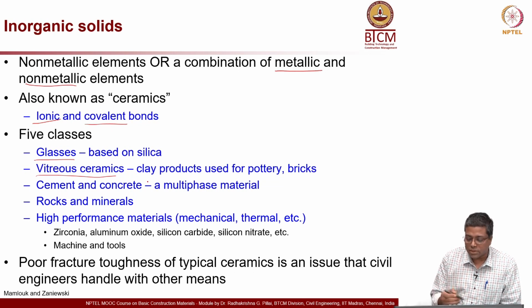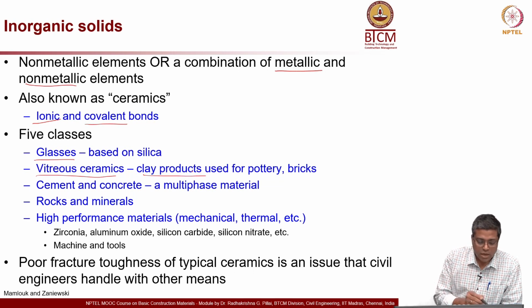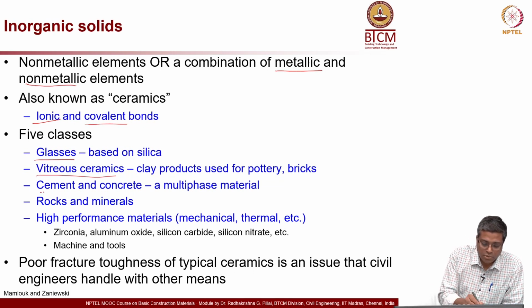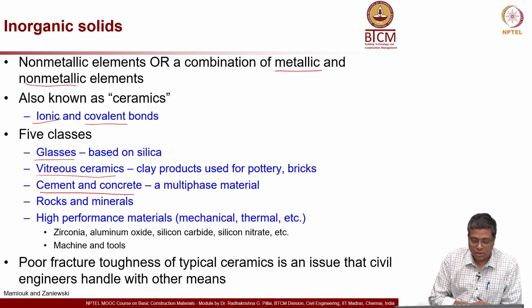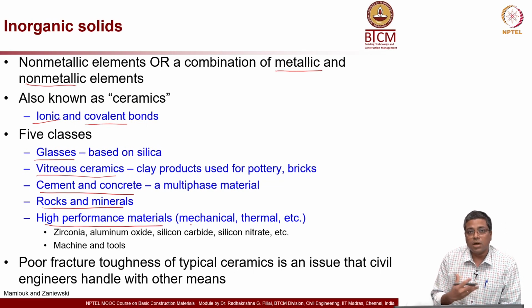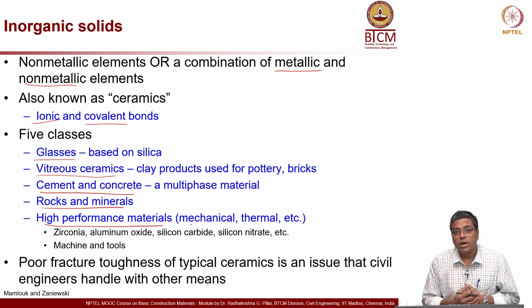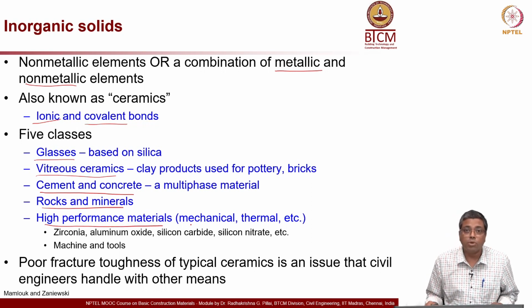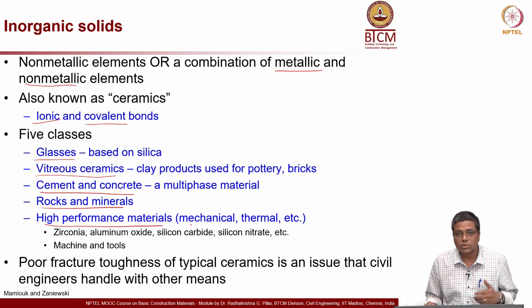It is essentially like the bricks or pottery, which are clay products, and the third one is cement and concrete, again a multi-phase material with different things present inside as different phases, and rocks and minerals, and also we have some high performance materials which are artificial materials made to have certain performance characteristics, both in terms of mechanical and other, or thermal characteristics, wear resistance, so many other properties are possible.